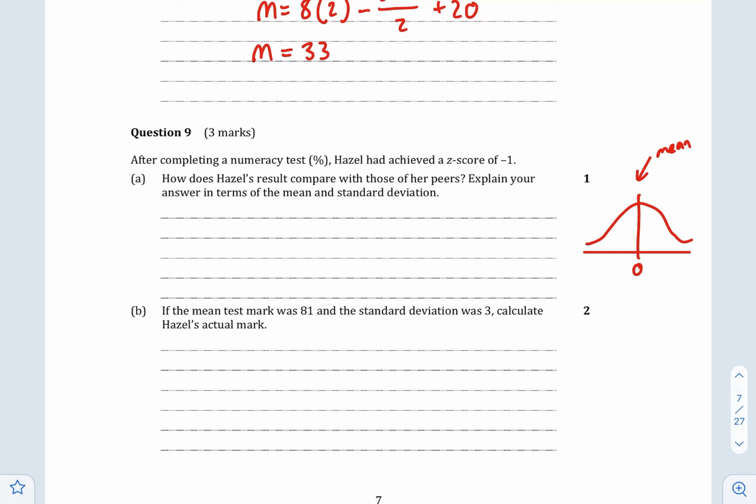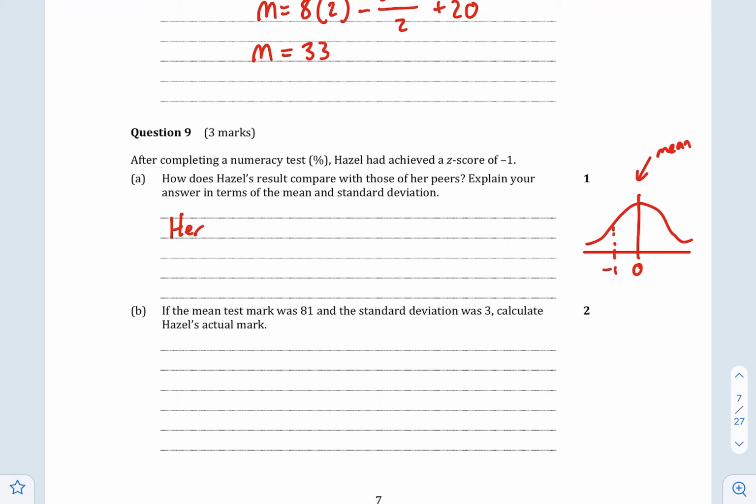And the mean, in terms of z-scores, is 0. So having a score of -1 is saying that the score is 1 standard deviation below the mean.